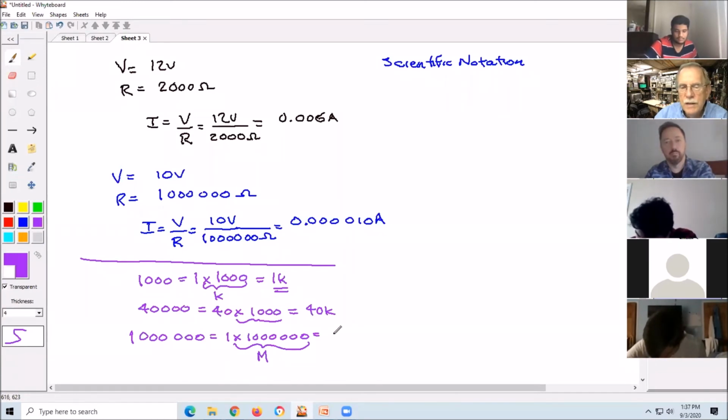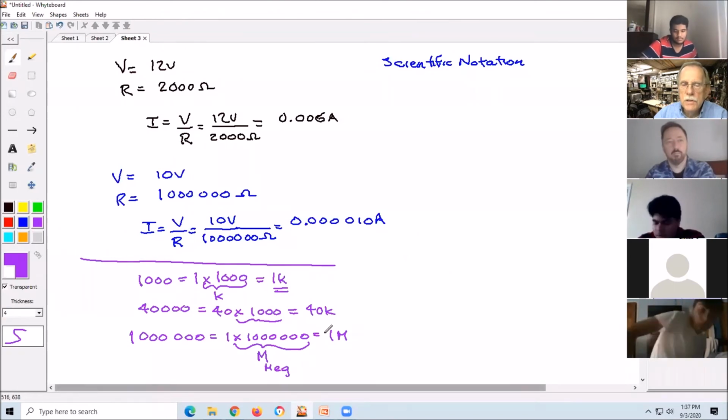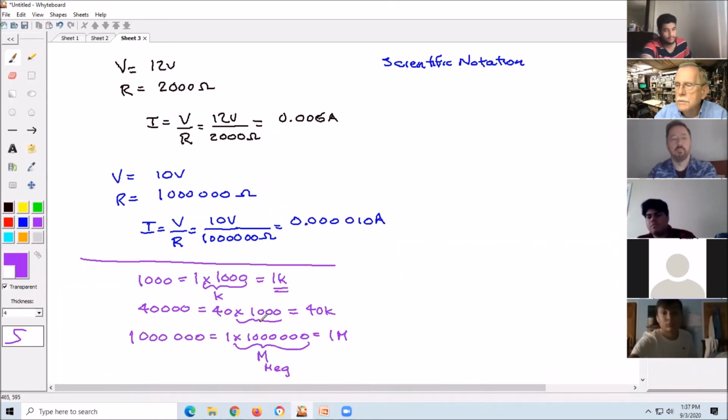So we could write this as 1, and this is, by the way, called 1 meg. So metric prefixes and scientific notation are nothing more than shorthand ways of writing really big or really small numbers.